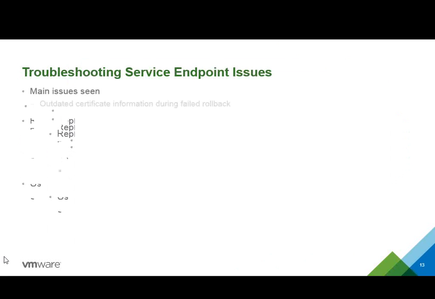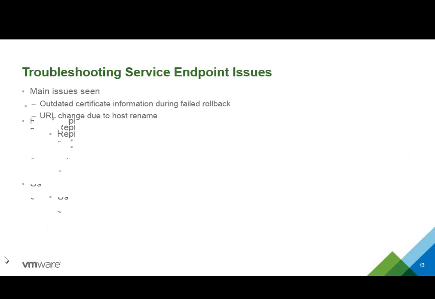Other main issues we are seeing is also that when SSL replacement goes horribly wrong, stale and outdated certificate information is in the lookup service due to a failed rollback.